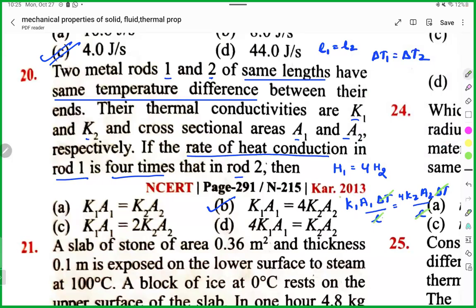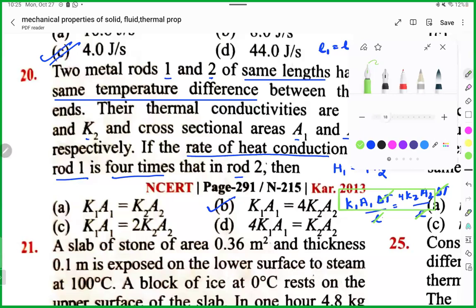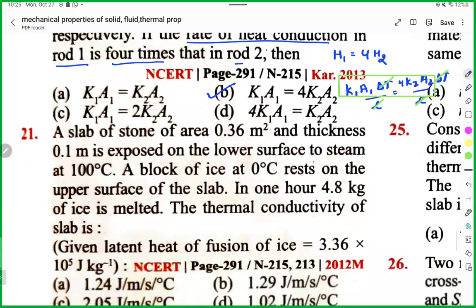K1 A1 will be 4 times K2 A2. Done. Was it easy? Everybody? Yes.